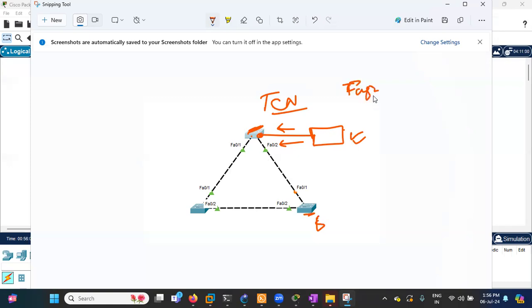So it will turn on the flag, saying something went wrong in the network, change your topology accordingly. The root switch never generates the TCN generally. Non-root switches will generate it. The root switch just raises a flag: there is a change in the network, kindly update the topology. That's correct.